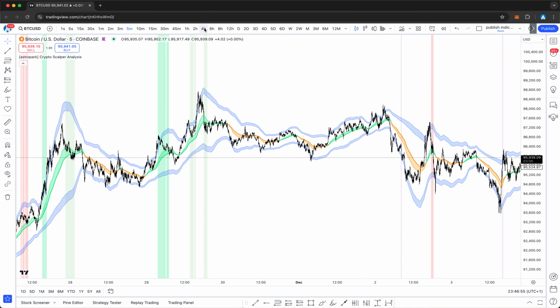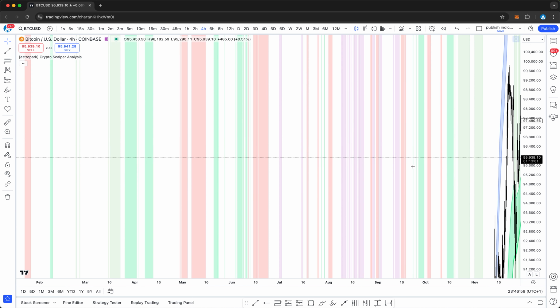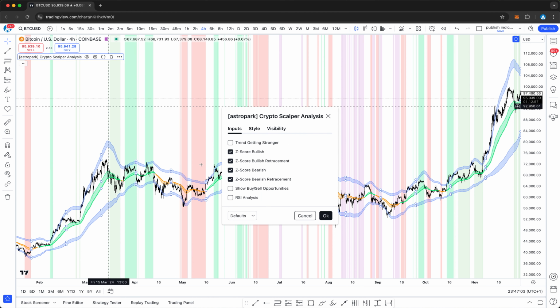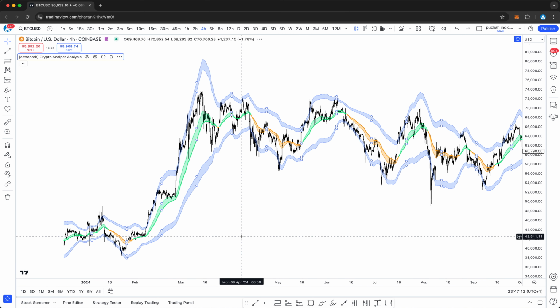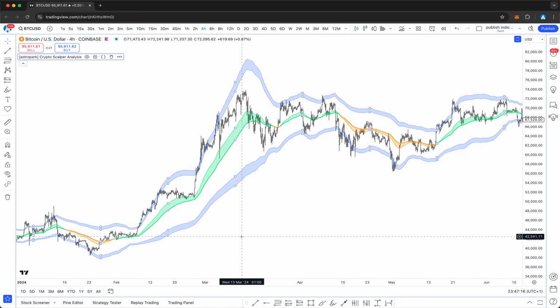The lower time frame you go, the worse this becomes. Okay. Let's disable this. Just wanted to say that of course this works when the trend is strong also on higher time frames.